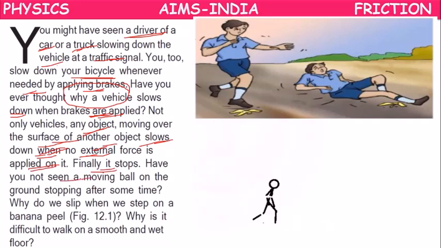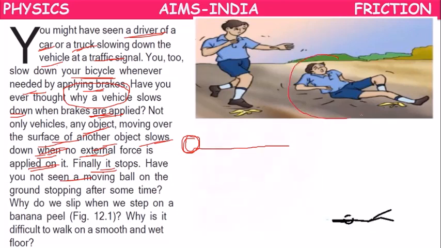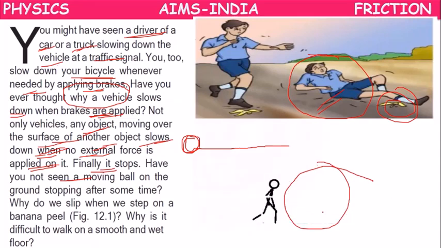Suppose you take a moving ball; after rolling for some time, it will stop. Or here, while running, this boy slipped onto the ground because of this banana peel. Or suppose this boy was running on the wet floor and he slipped onto the floor.